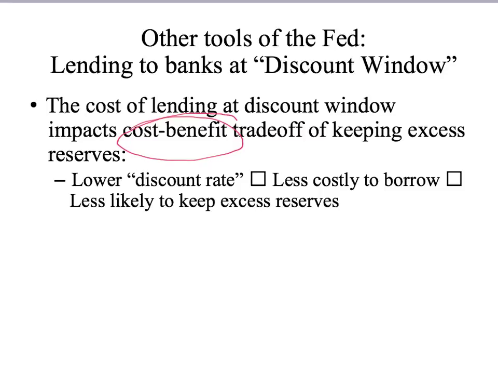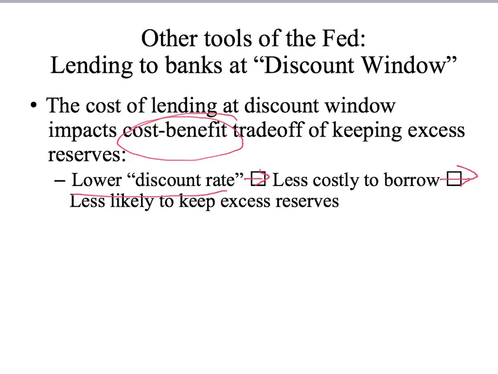So if they lower the discount rate, then it becomes less costly to borrow, and banks are less likely to keep excess reserves. This is just a chain of reasoning.